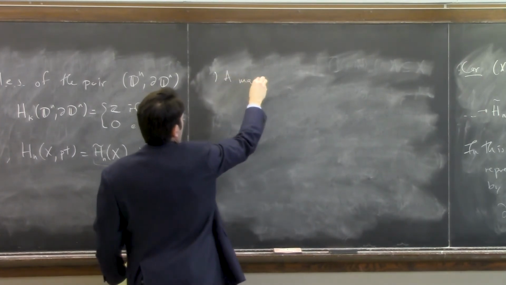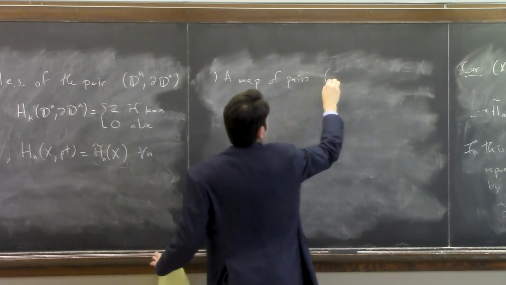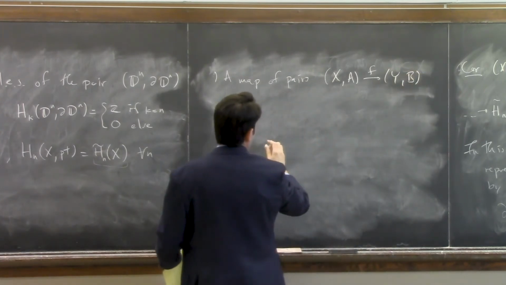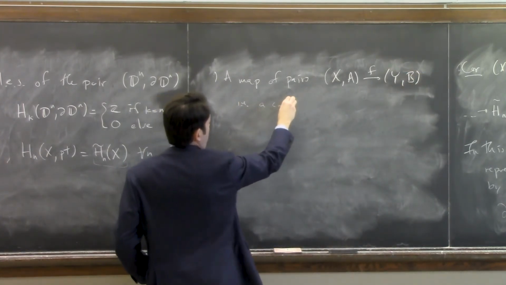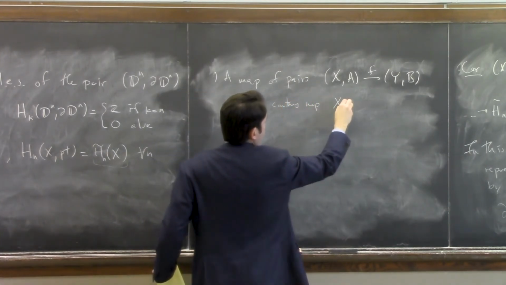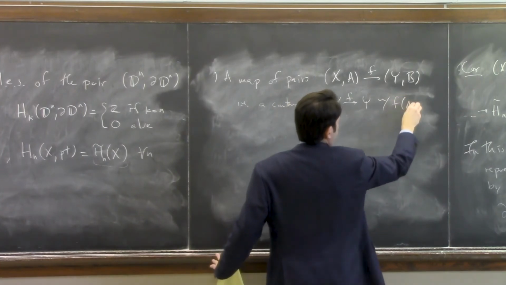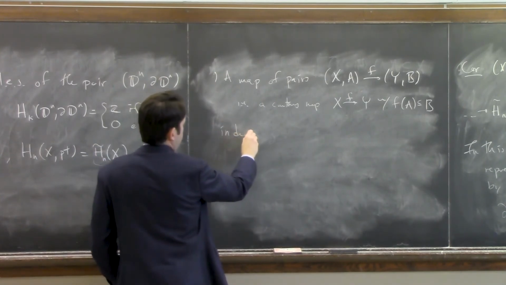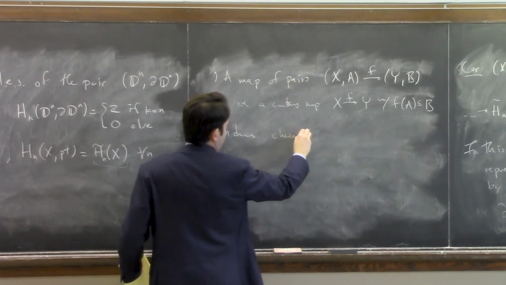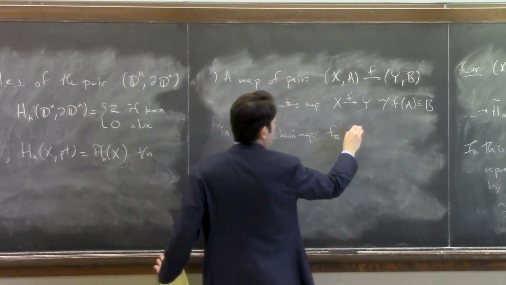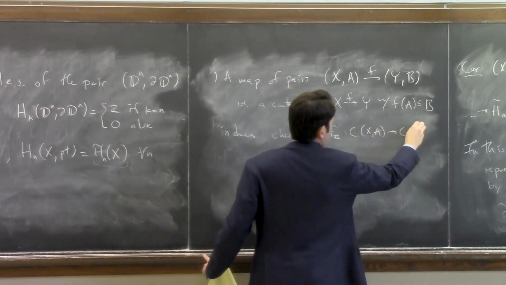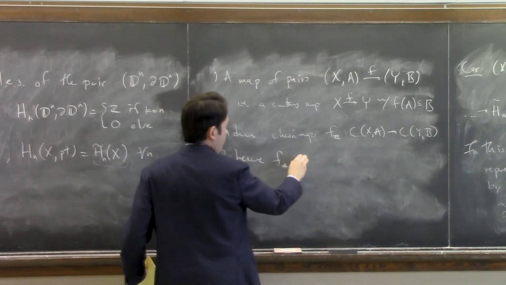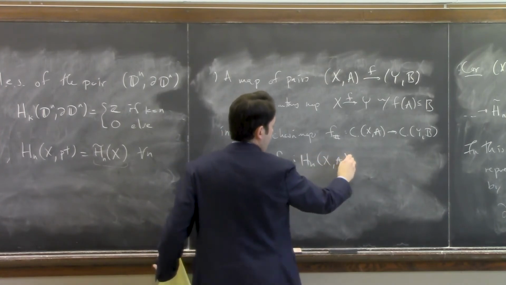A map of pairs, which remember just means a continuous map from X to Y that maps A into B, induces maps, and so induces chain maps from the relative chains to the relative chains, and hence homology maps from the reduced relative homology to the relative homology.